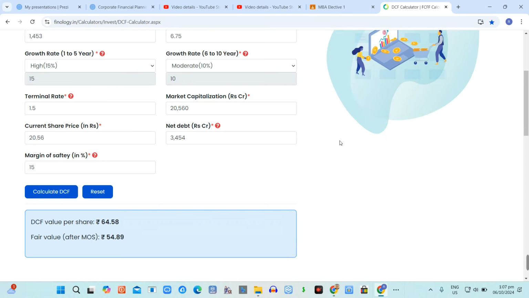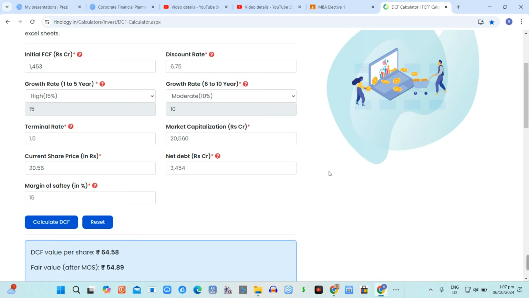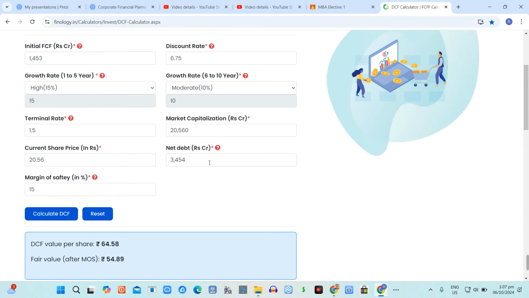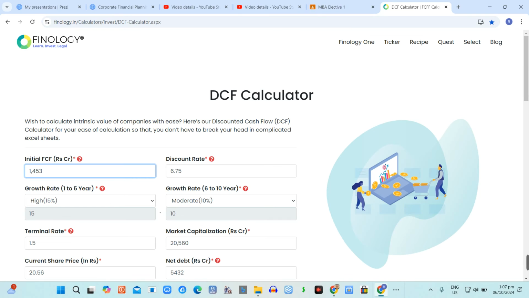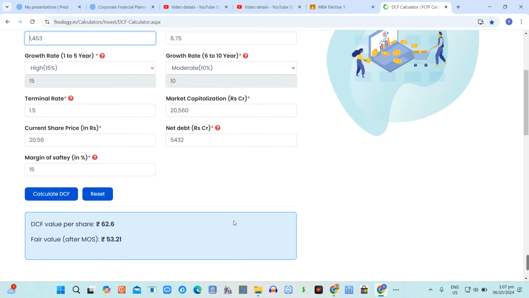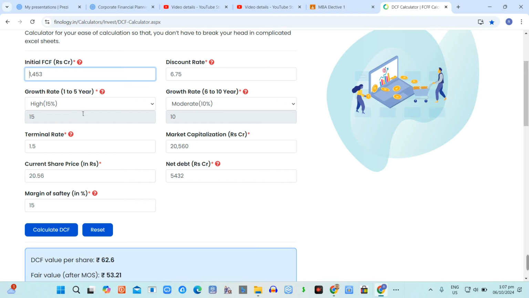I bookmarked it. My browser, it is a different browser. Okay, so let's say what will be the effect should I increase the debt. So let's say the debt is not 3454, but 5432. You will see that the value drops, because the effect of the debt takes a toll on the price of the company.